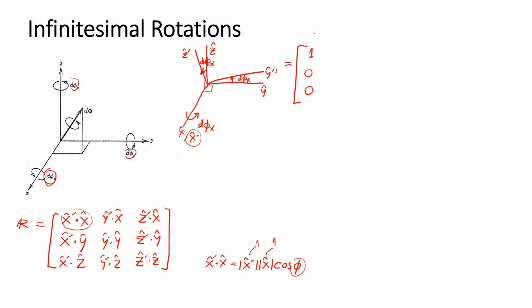How about y prime? y prime makes 90 degrees with x. y prime with y is cosine d phi x. y prime with z makes an angle of 90 degrees minus this angle, so the cosine of this angle will be sine d phi x.